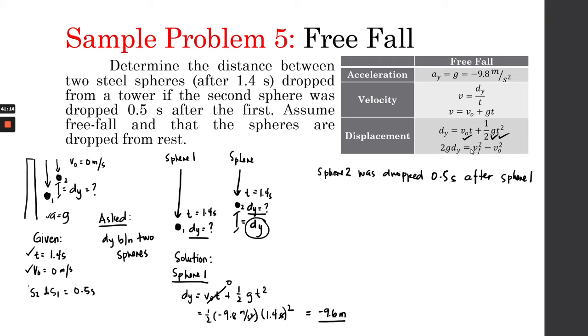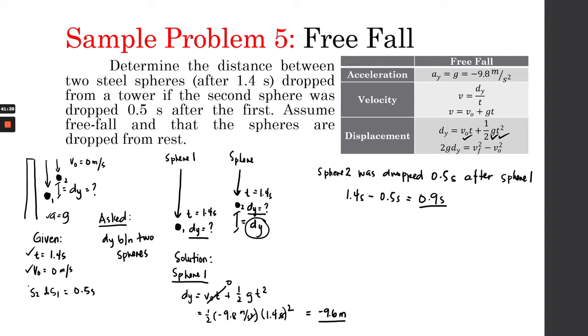What that means is that it did not travel the whole 1.4 seconds. So we have to subtract the time: 1.4 seconds minus 0.5 seconds. So what that means is sphere 2 was only in the air for 0.9 seconds. So that was the time for sphere 2.